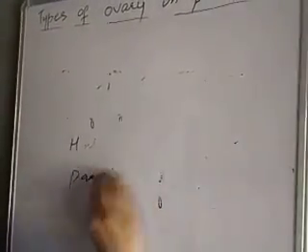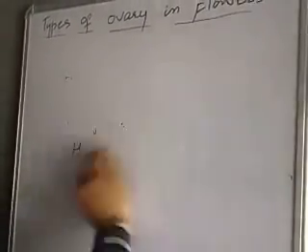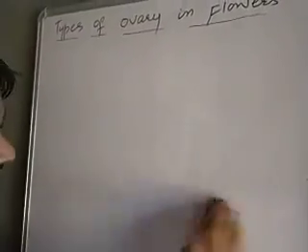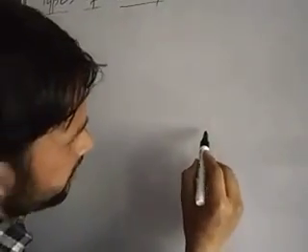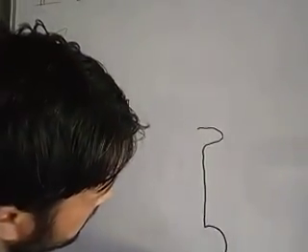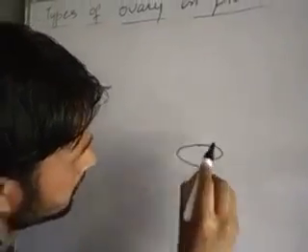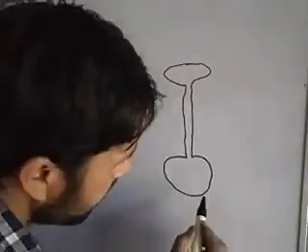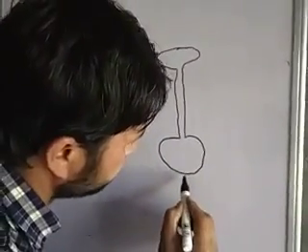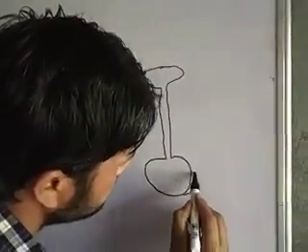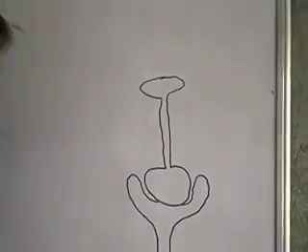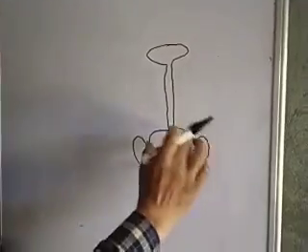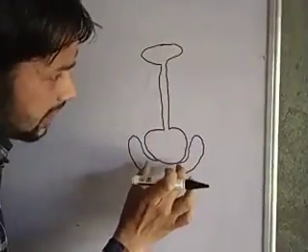I will show you diagrammatically what perigynous type of ovary is. Look here. Again, I am going to make the structure. This is the ovary, this is the thalamus.